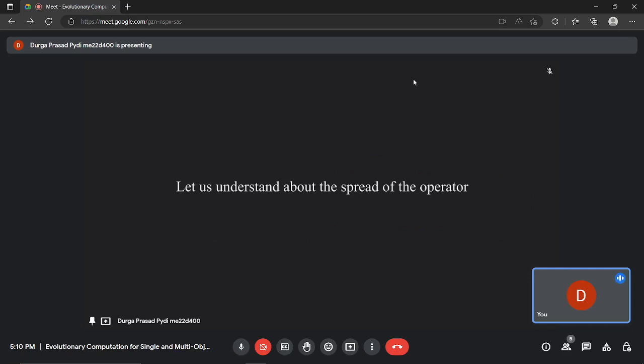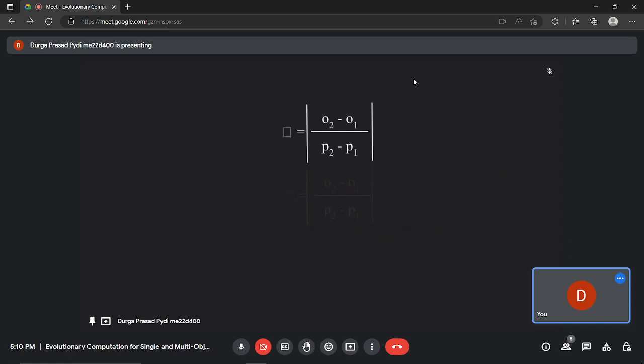The second is something about the spread of the operator. We define spread as something denoted by beta, where beta depends upon the distance between the two offsprings divided by the distance between the two parents we have considered. So let's understand it in this way. Beta, as you can see in the formula, is the absolute value of the difference between the offsprings divided by the difference between the parents, and this can range between 0 to infinity, and we consider a special case of 1.